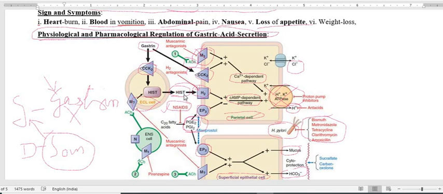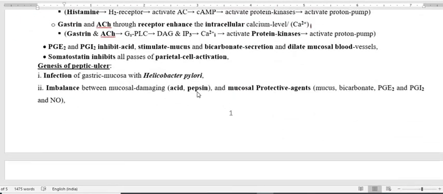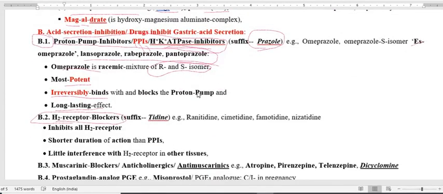Therefore histamine will not be able to act through the H2 receptor and produce cyclic AMP, and therefore the proton pump does not get activated to efflux out the hydrogen ion, and no hydrochloric acid formation occurs. So this is about the H2 receptor blocker or antagonist. It will bind with the receptor, so histamine is not able to bind with the receptor to produce hydrochloric acid.